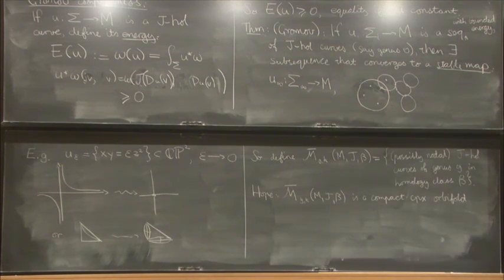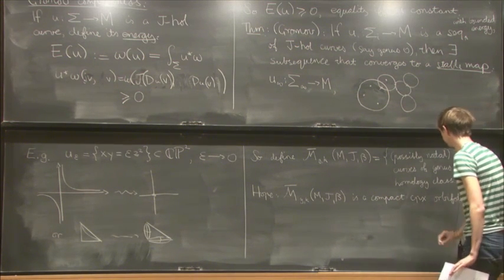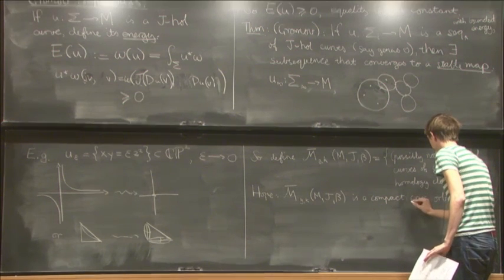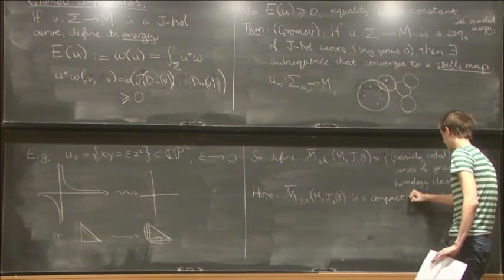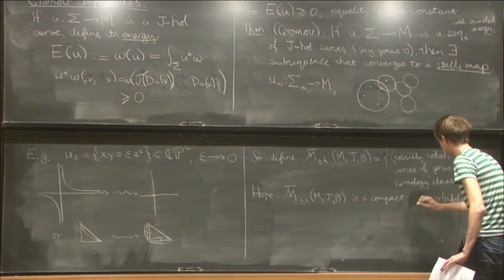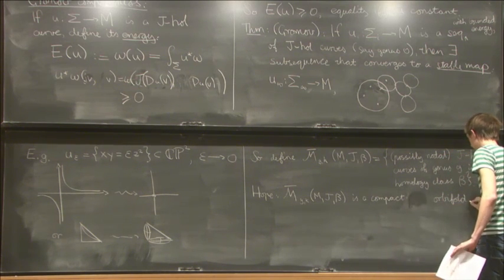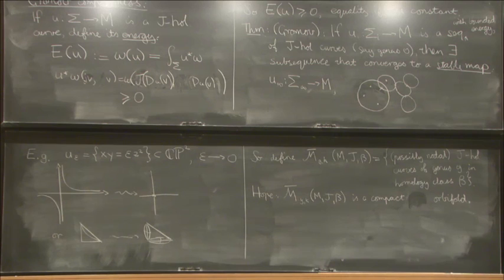If we're outside the algebraic picture, where do we get the complex structure on the moduli space, assuming all the transversality? You're absolutely right. That's too much to ask for, really. Let's just say compact real orbifold.